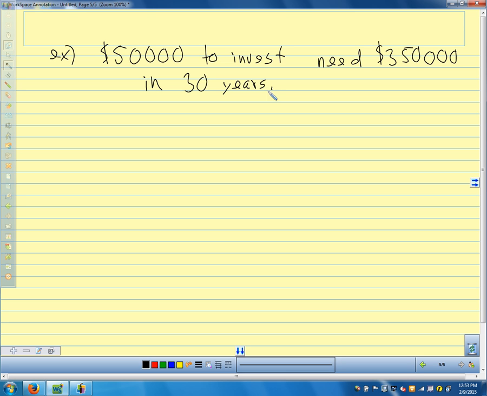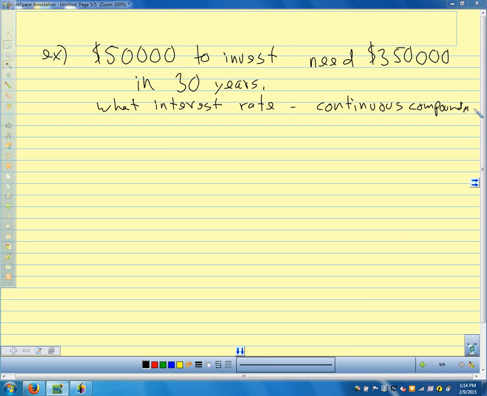So in 30 years we need this $350,000, I don't know, to pay off our house or something. So the question is, what interest rate do we need if our interest is compounded continuously?